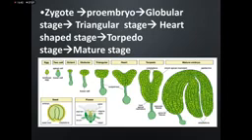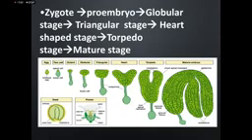Then the zygote develops in various stages, and some of the stages are mentioned below. Zygote first converts to proembryo, then globular stage, then triangular stage, then heart-shaped stage, then torpedo stage, and finally mature stage.